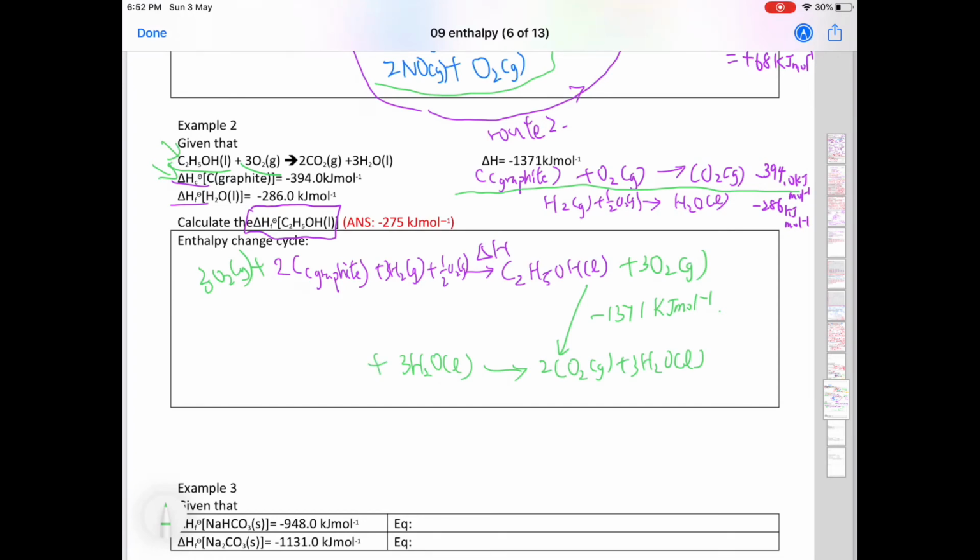However, for forming these 2 CO2 gas, we need 2 graphite with 2 O2 gas. Then in the process, because we undergo the second equation twice, the enthalpy change involved will also be twice. Then up to this stage, the second information is used already.